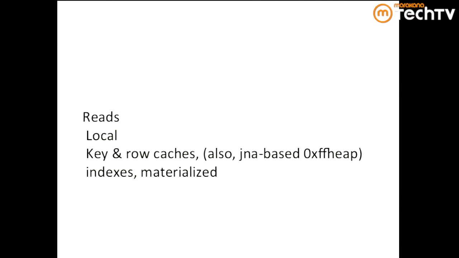Secondary indexes are in the new Cassandra world, but for the most part, it's a materialized way of looking at things. Don't expect joins. Joins are not there, so materialize your schema to fit your queries. So we'll go back to slide 1 at some point. You're paying the cost of materializing your data, your schema, up front.